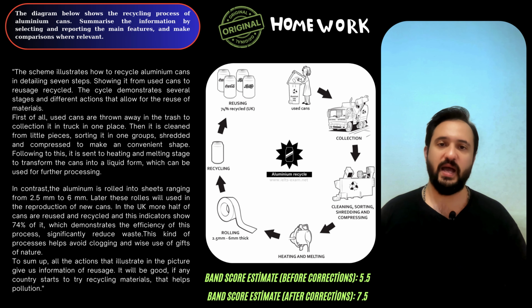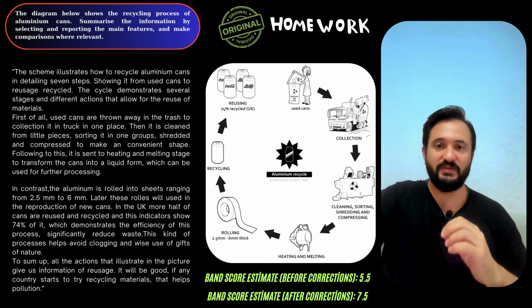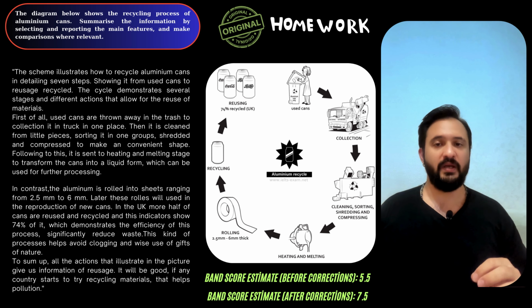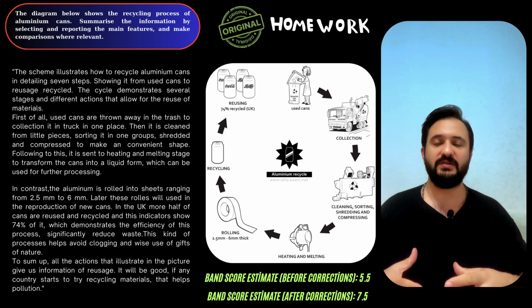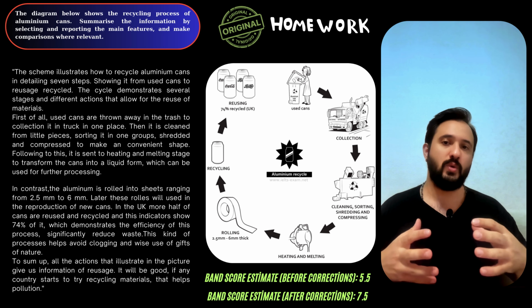In contrast, the aluminum is rolled into sheets ranging from 2.5 mm to 6 mm. Later, these rolls will be used in the reproduction of new cans. In the United Kingdom, more half of cans are reused and recycled, and this indicates show 74% of it, which demonstrates the efficiency of this process. Significantly reduce waste.